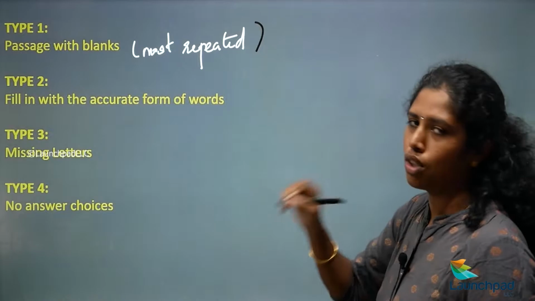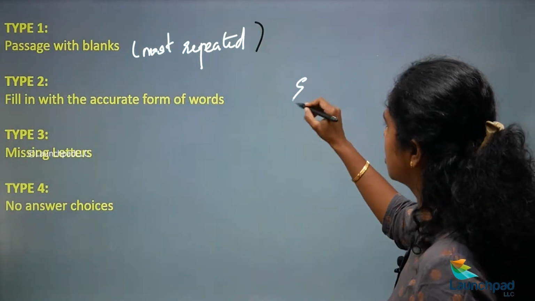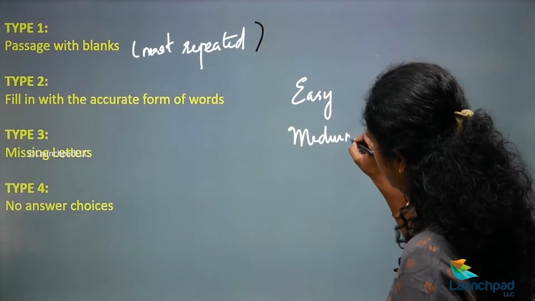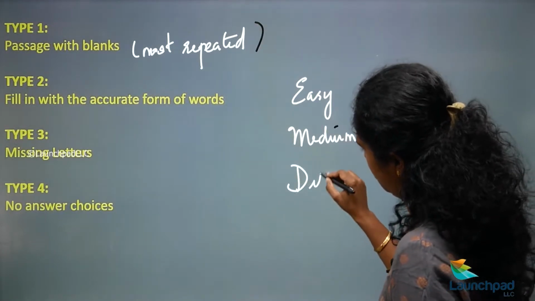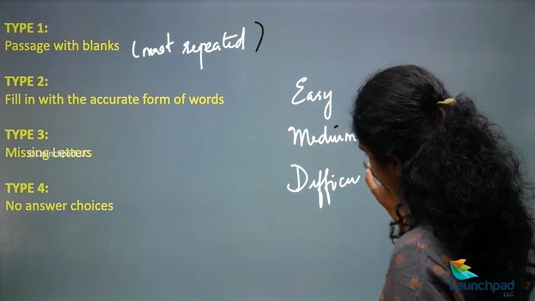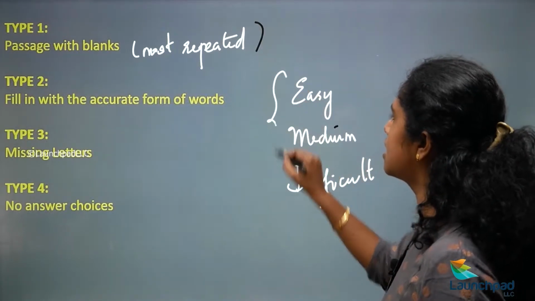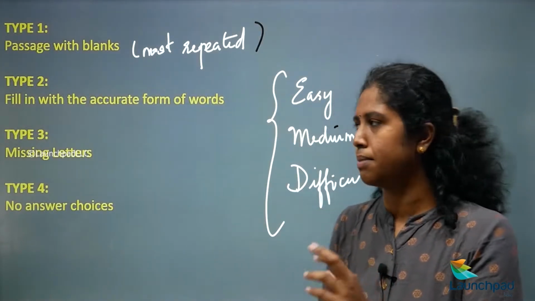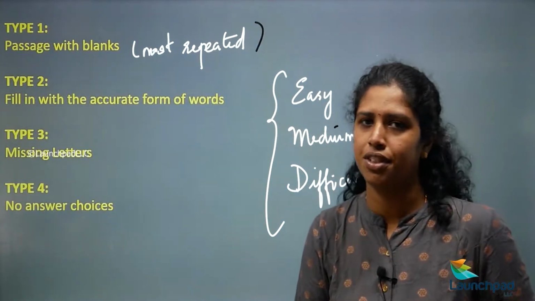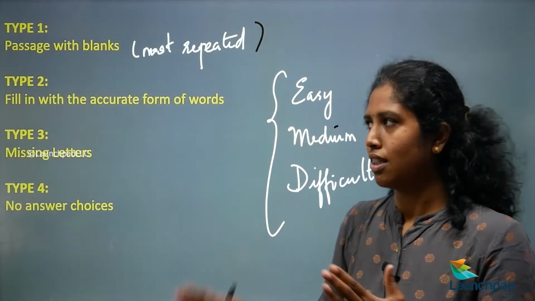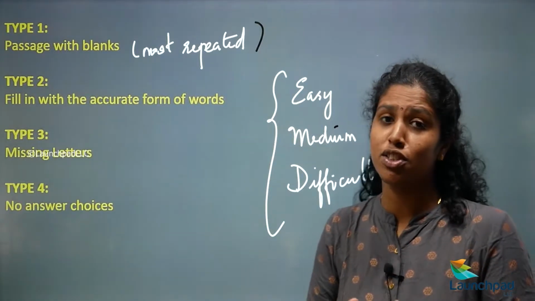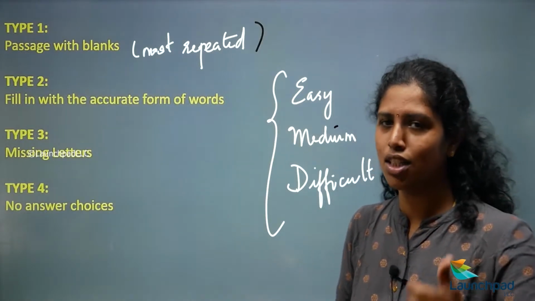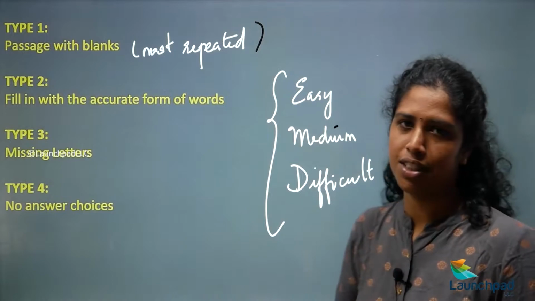Every clause test question paper is categorized into 3 levels, be it easy, medium or difficult. Based on the question pattern, you might be able to judge whether it is an easy, medium or difficult level.